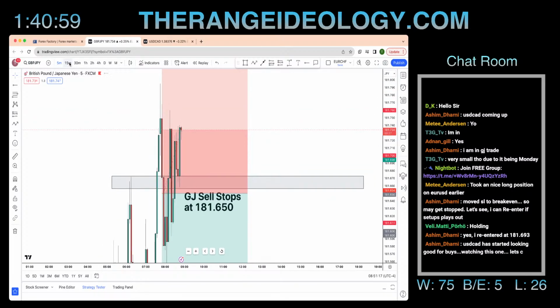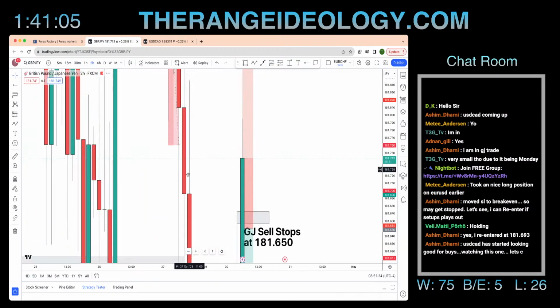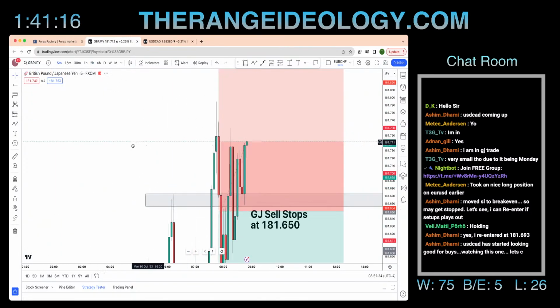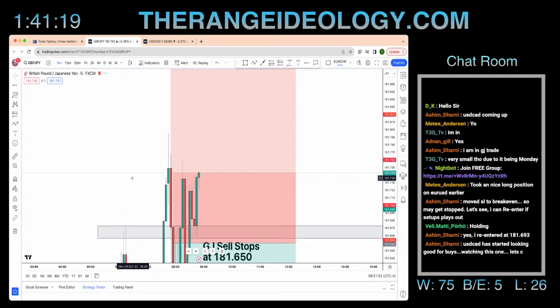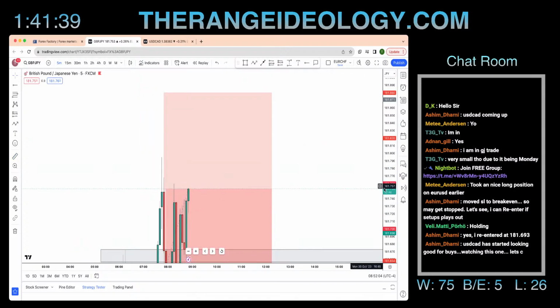All right, here comes GJ again. Let's see. Here's how the 1-hour candle looks. Okay, GJ is not giving up on this one. Currently, out of 23 pips, GJ is about 10 pips in loss.